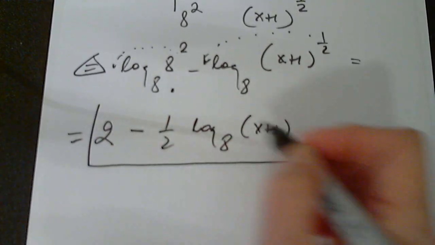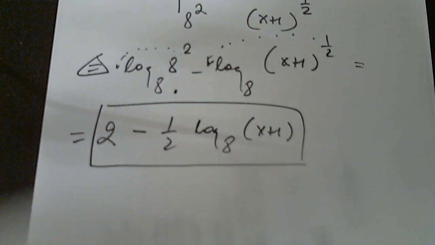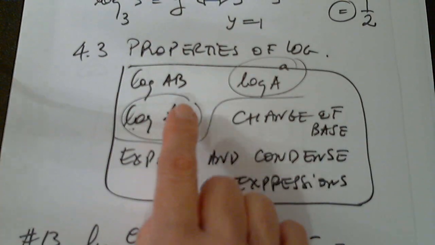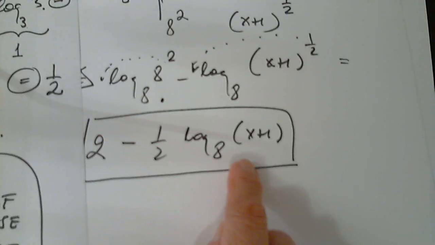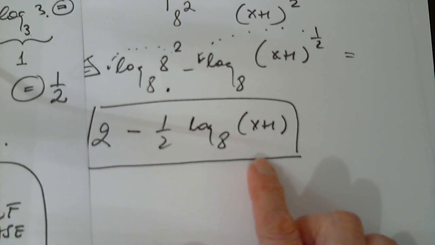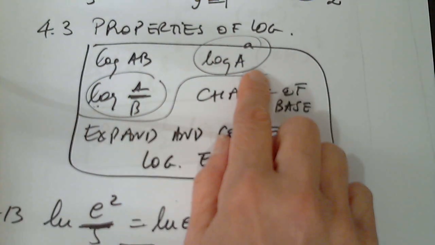And this is it. So let's go back to the properties for a moment. There is no log applied to a sum or a difference. This is carved in stone. No one can touch it. We only have 3 rules. Log applied to a product, quotient, and power.